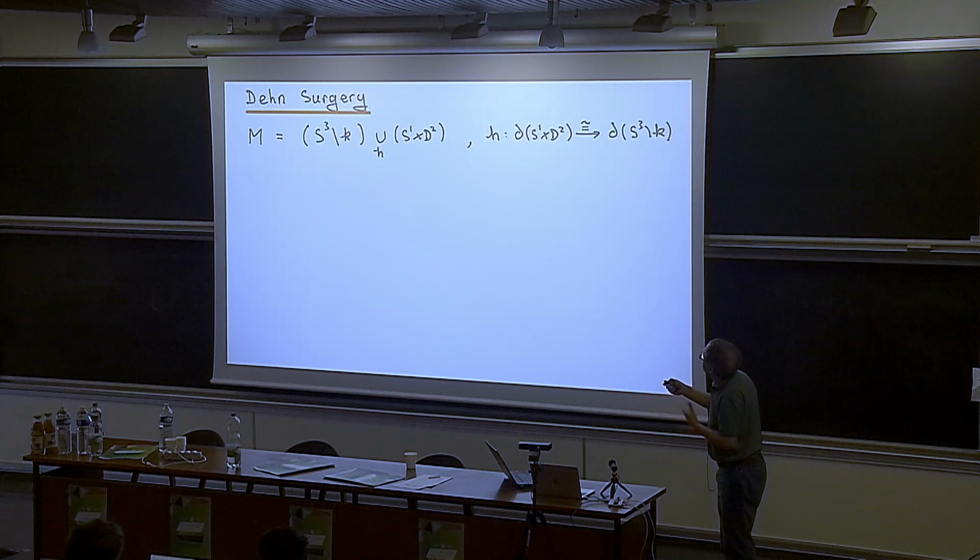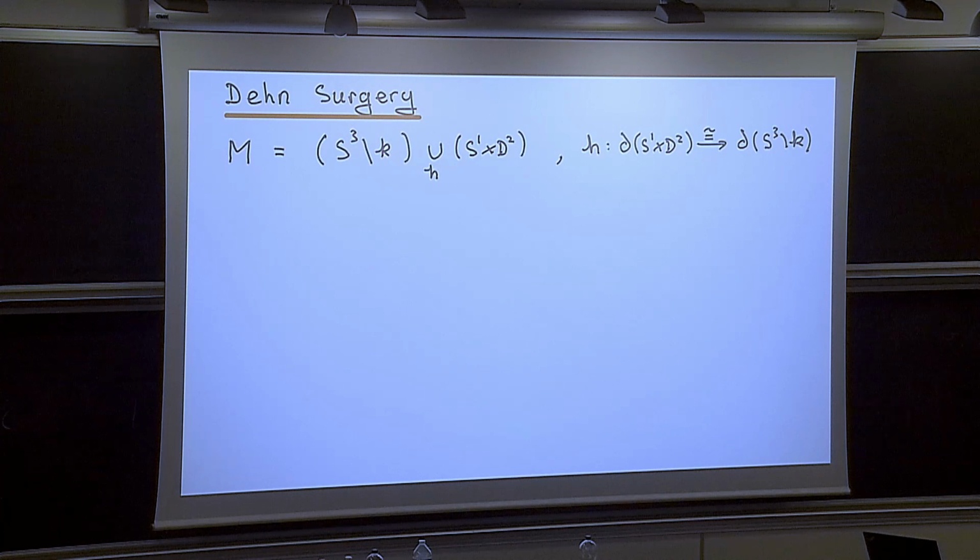I'm removing K, so I'm looking at the complement, thinking of K as a thickened knot, an open thickened knot. So I remove it, and what I've taken out is a solid torus. And now we just glue in a solid torus. Glue back in what you've removed.